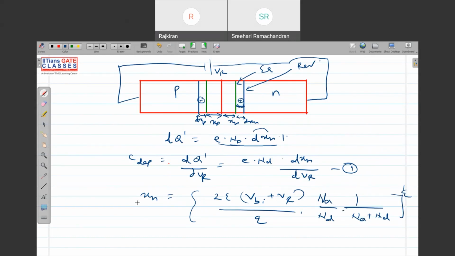So then you have to do dxn by dVR, the derivative of this expression with respect to VR. After the derivative, you put this value here, and then you will get the depletion capacitance.